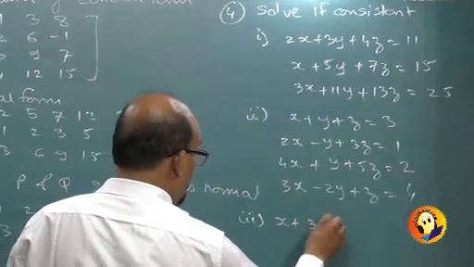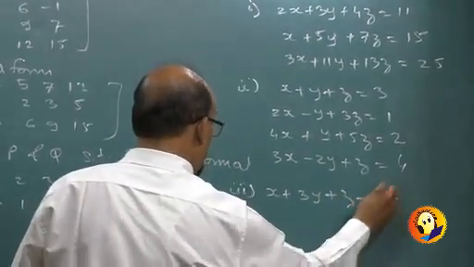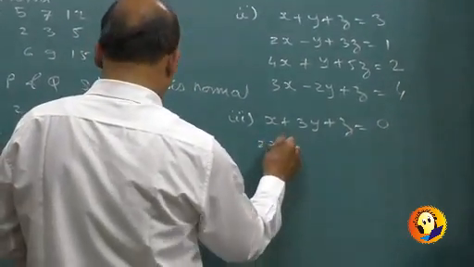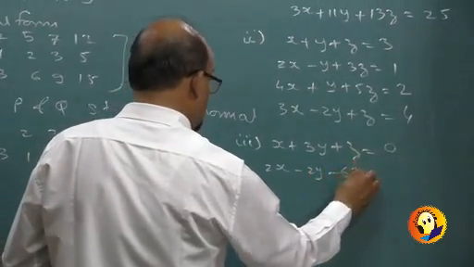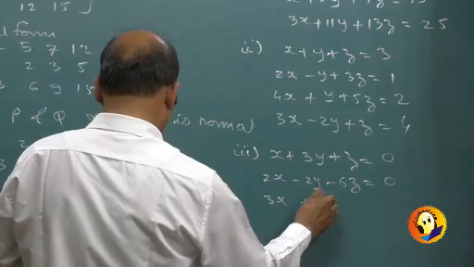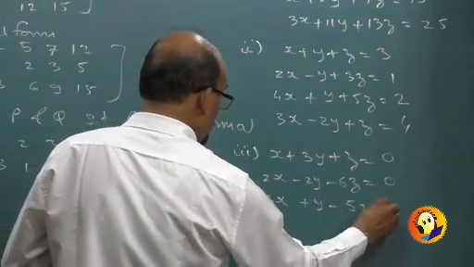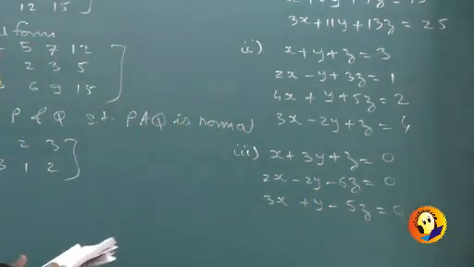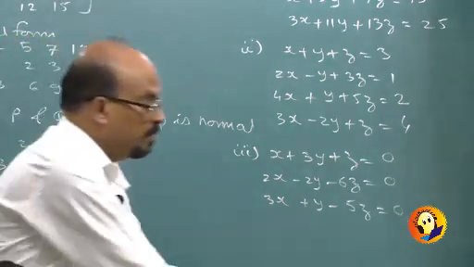And the last one: x plus 3y plus z equal to 0, 2x minus 2y minus 6z equal to 0, and 3x plus y minus 5z equal to 0. Yep.